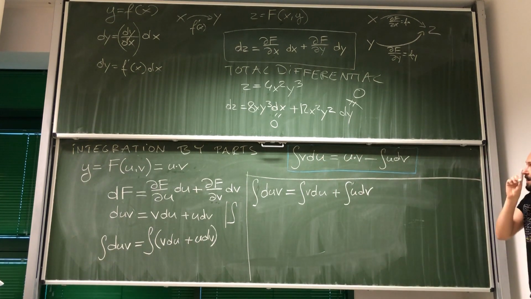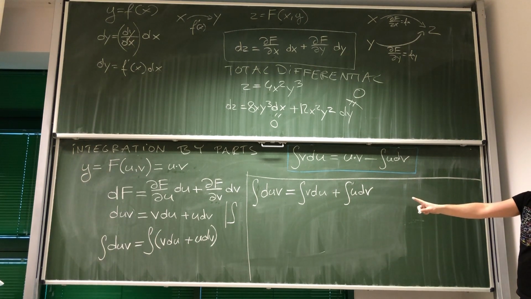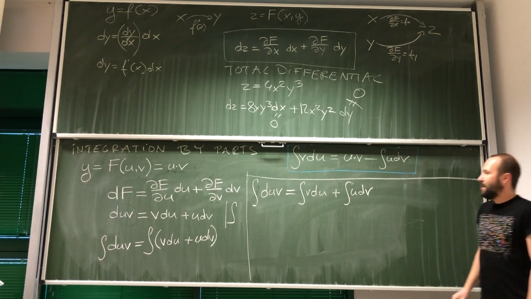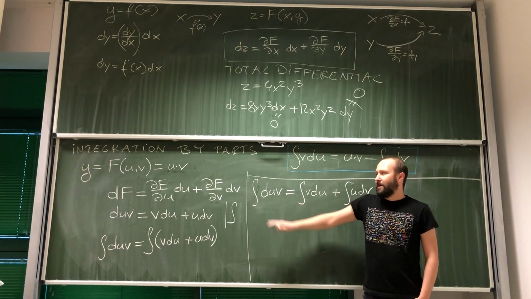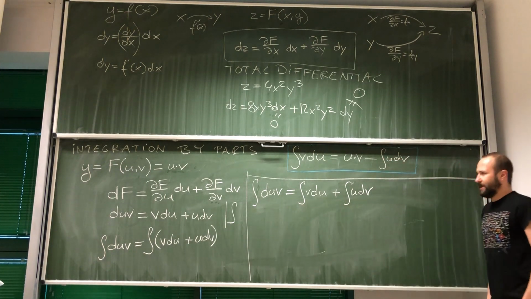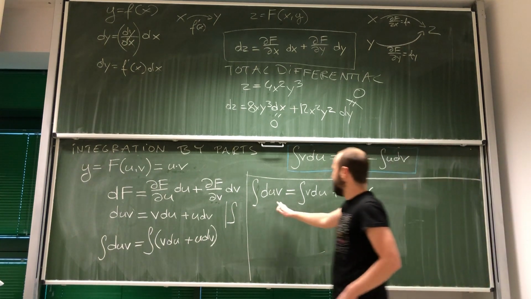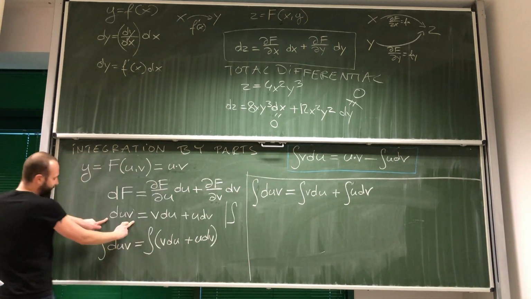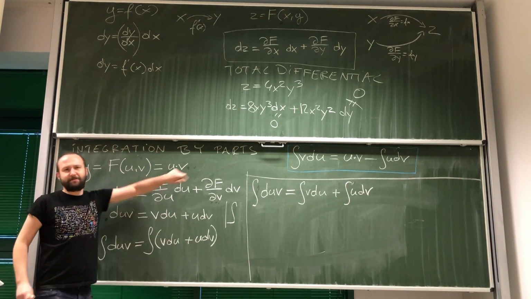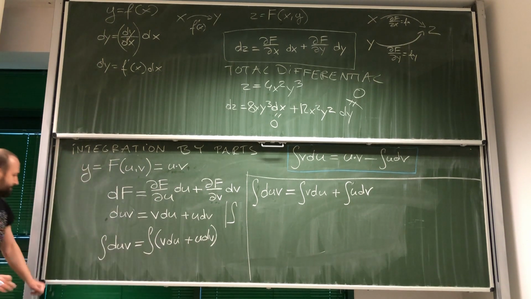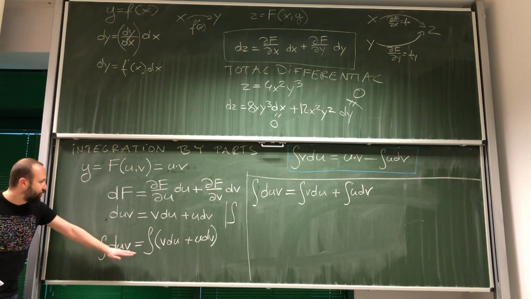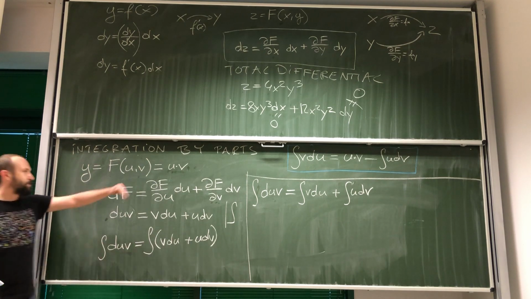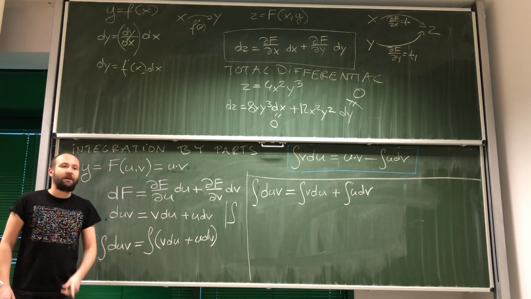Okay, and look, now there is one problematic thing. How should I integrate this? And look, I could give you a simple answer. Because this is the differential of u times v, the integral of d(uv) must be equal to u times v.